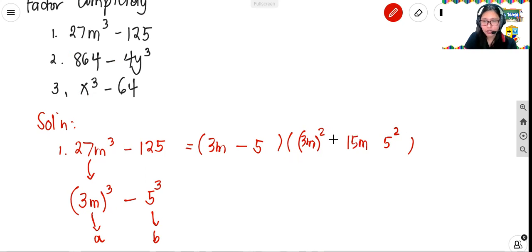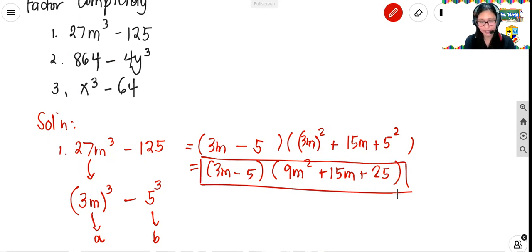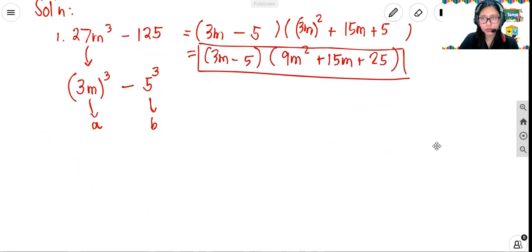Since it's minus, the sign on the second factor is both plus. So simplifying the factor further, we have 3m minus 5 times 9m squared plus 15m plus 25. So this is the factor. I hope you got this one correctly. Okay, let's go to the next one.